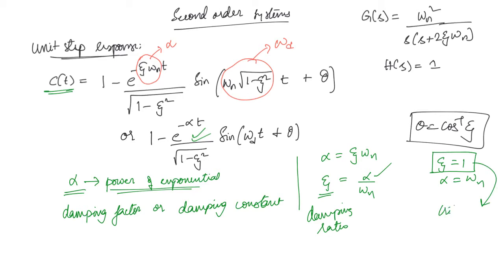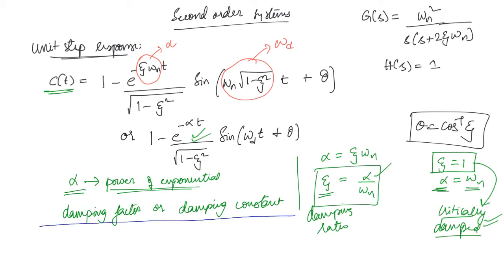We will understand what is meant by critically damped later, but for now you have to understand that when zeta is equal to 1, the system is called a critically damped system. Then omega n will become the damping factor of the critically damped system. So zeta is defined like this only. Zeta is the damping factor of the system divided by the damping factor of the critically damped system. So this is the definition of zeta.